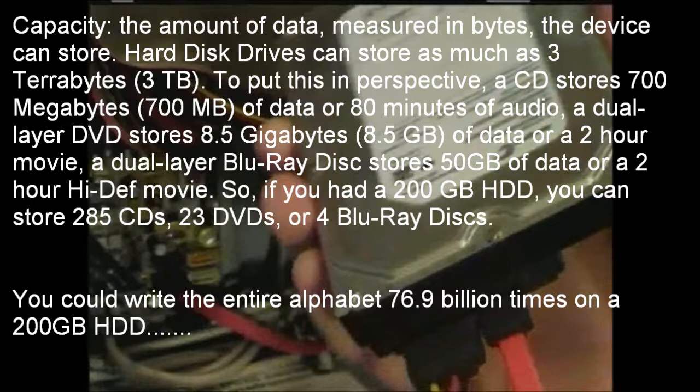So, if you were to take the entire alphabet, all 26 letters from A to Z, and write them over and over, you could do this 76.9 billion times on this single 200 gigabyte hard drive. That should give you some idea how much you can store. Some manufacturers also use photos, music, and video to demonstrate how much information these drives can store.